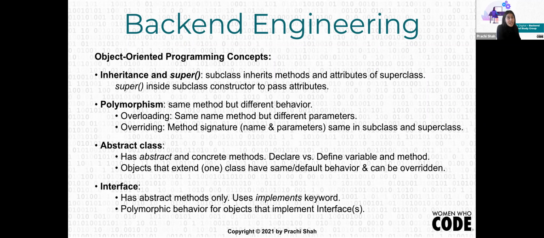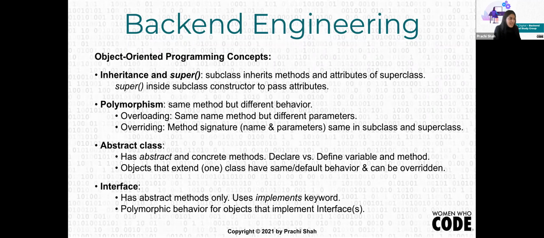Any other concrete class that extends my abstract class will now override and define a behavior for that particular abstract method. Another concept here is that objects that extend one class have the same or default behavior that can be overwritten. Now let's look into an interface.